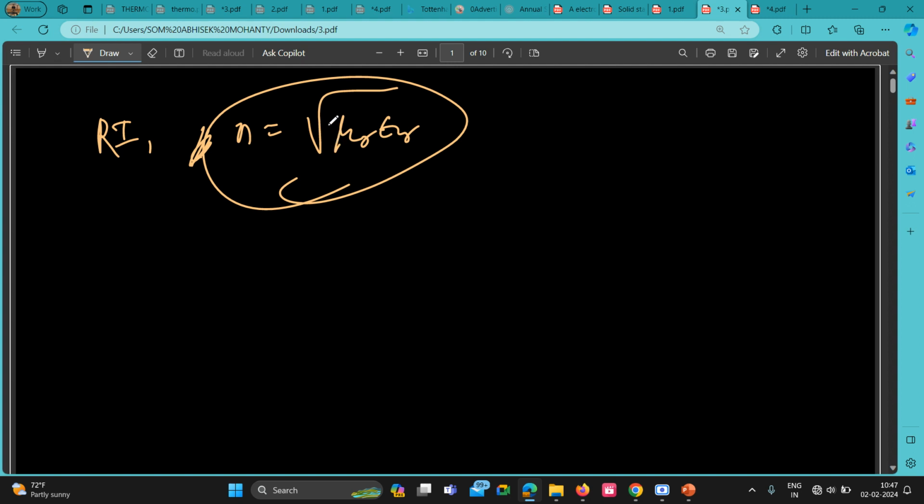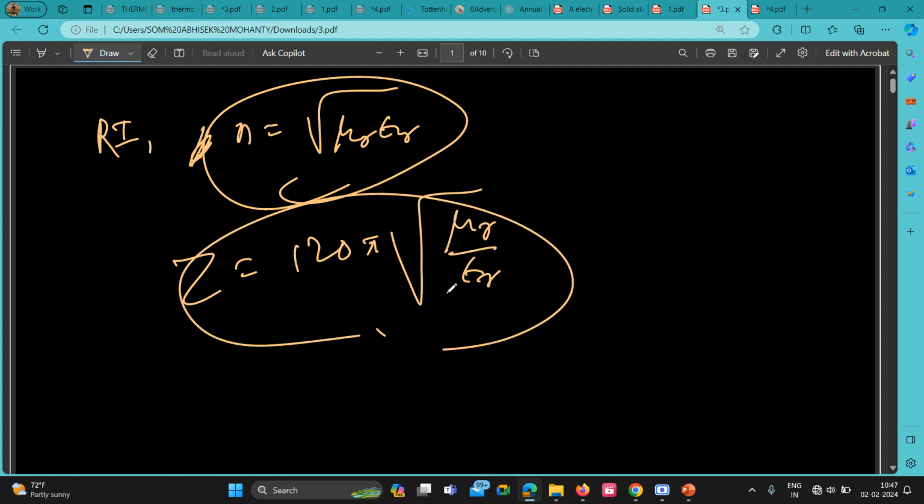Just remember this. This impedance can also be written as 125 root of mu r by epsilon r.